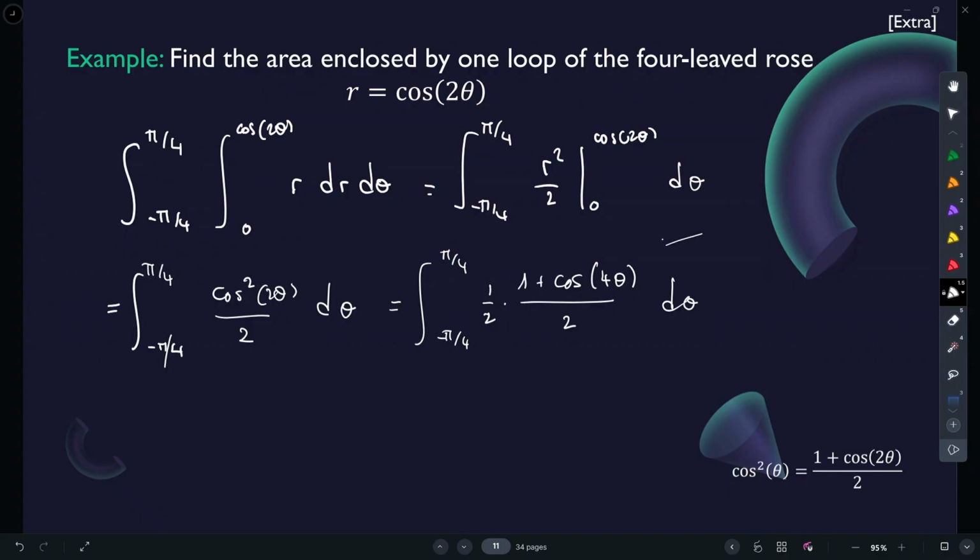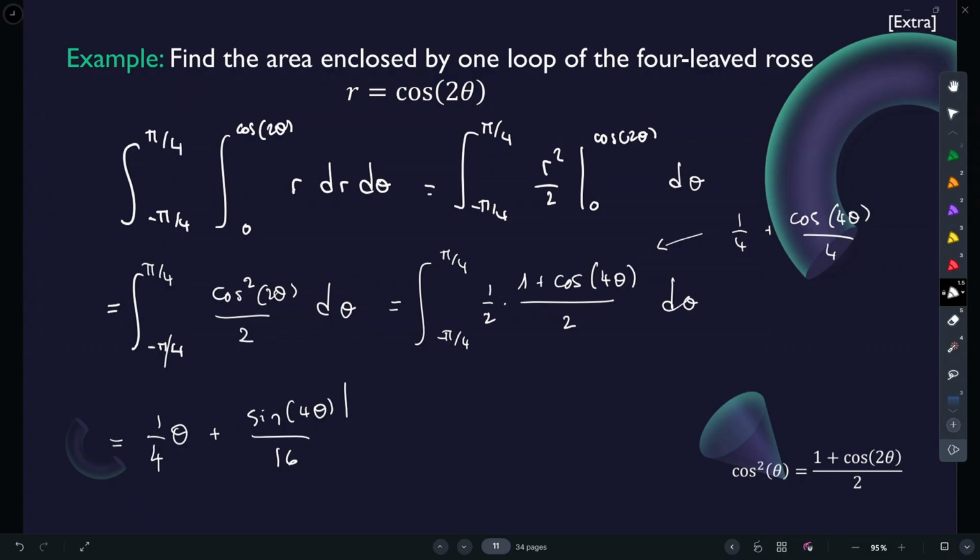All right, so inside here is a 1/4 plus cosine of 4 theta divided by 4. So the integral of that will be 1/4 theta plus sine of 4 theta, which has derivative 4 times cosine 4 theta. So actually I need sine of 4 theta divided by 16, right?